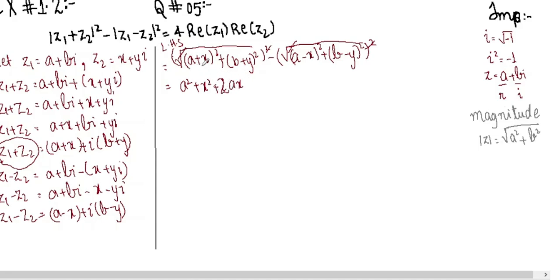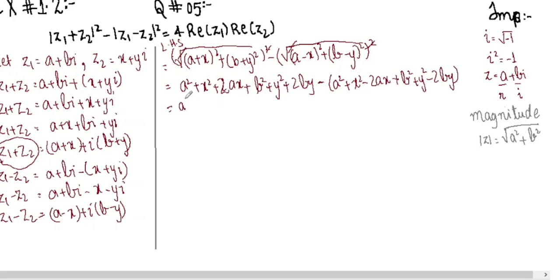Here a was a and b was x, so a plus x whole square is a square plus x square plus 2ax, and again the a plus b whole square formula applies here: b square plus y square plus 2by. Now for the negative sign, inside we use the a minus b whole square formula: a square plus x square minus 2ax, plus, again the a minus b whole square formula, b square plus y square minus 2by.